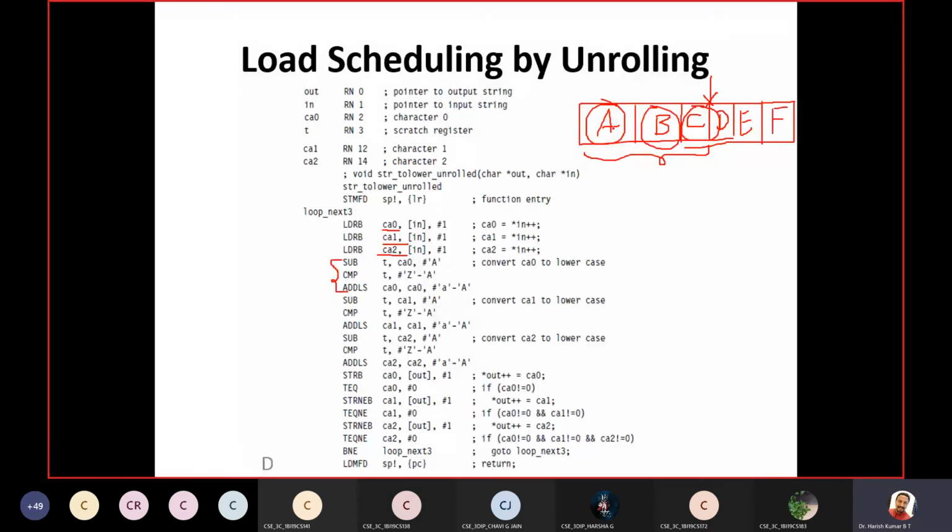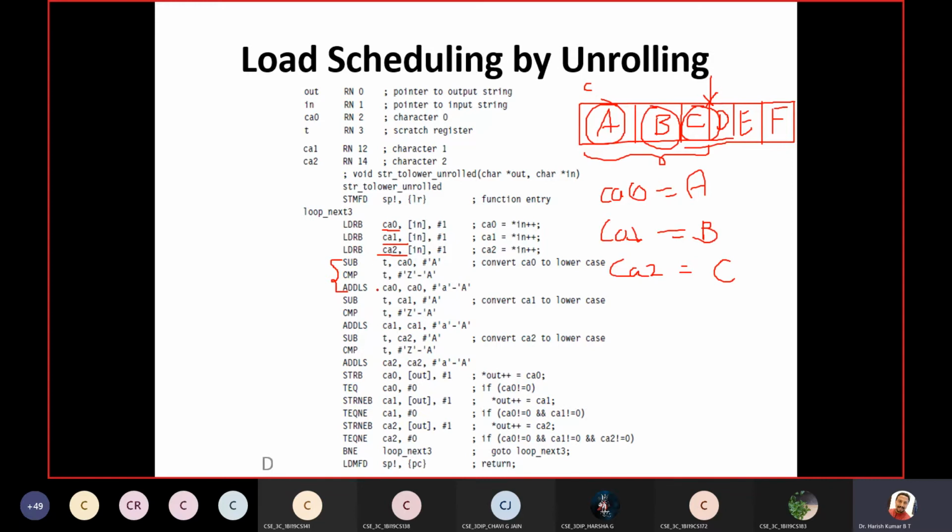These 3 statements, subtract, compare, and add ls, convert the character in CA0. CA0 gets uppercase A, CA1 gets uppercase B, and CA2 gets uppercase C.